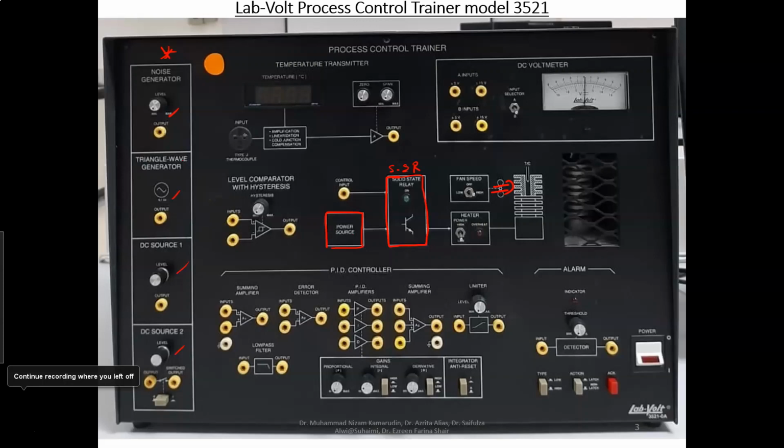And in the top right corner, we have a moving coil, behaving as a DC voltmeter to provide a measurement facility. And here we have a PID controller module. We can set our desired controller, whether proportional integral PI or PD, as well as PID controller.